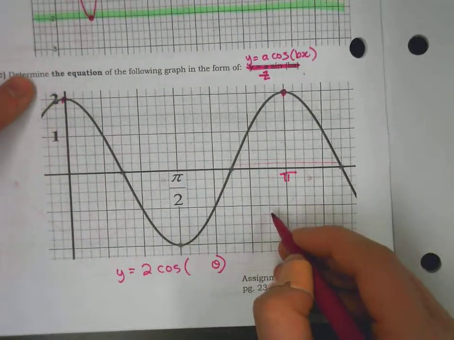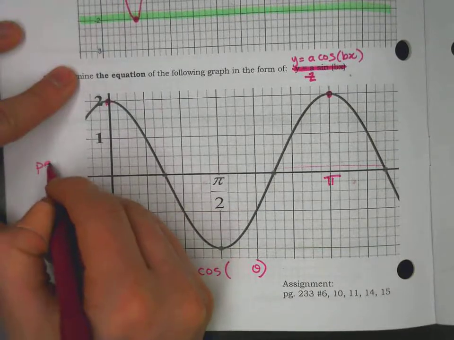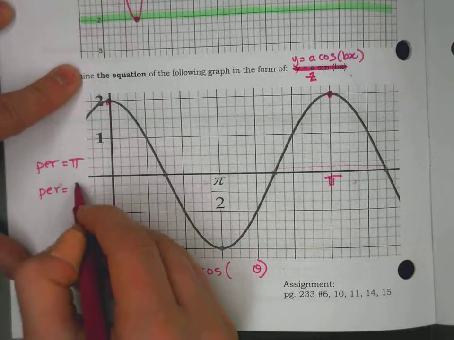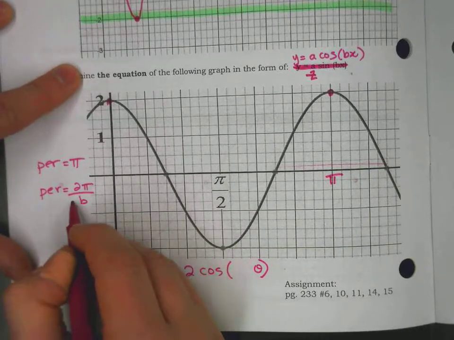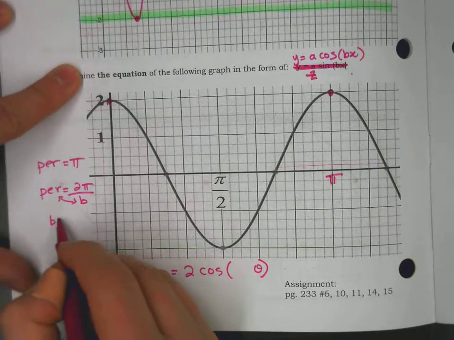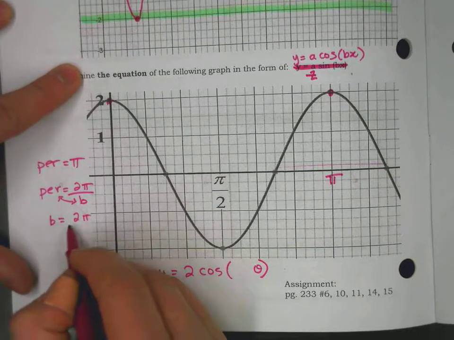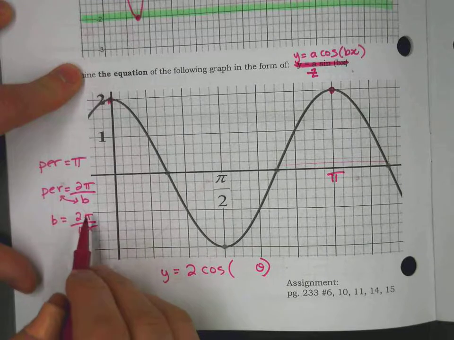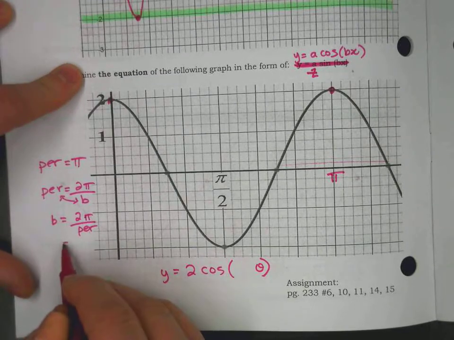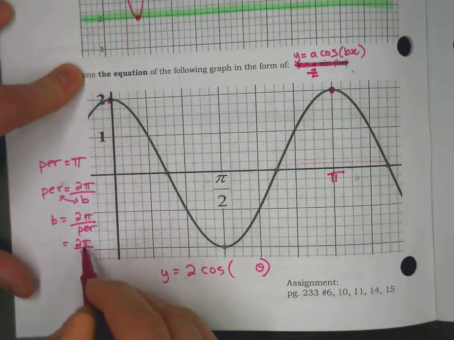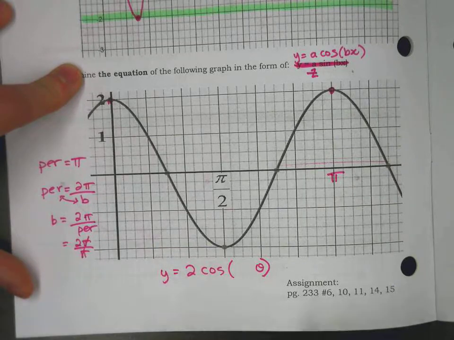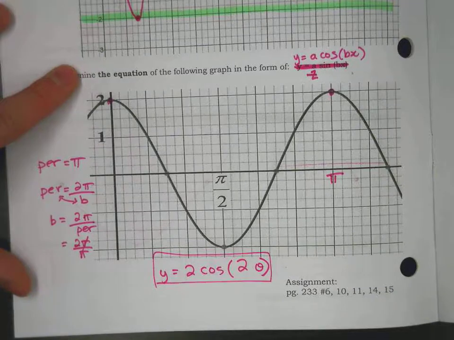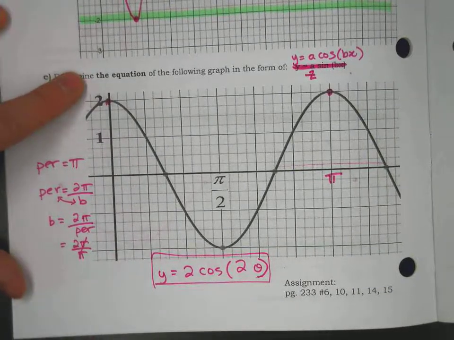So if the period is pi, and we have an equation that says the period is 2 pi divided by b, we could do a little cross multiply to say I want the b value, which is 2 pi divided by the period. 2 pi divided by the period, which we know is pi, gives us a b value of 2. And this is an equation that would recreate this. So if you type this in your calculator, that's what you get to see.